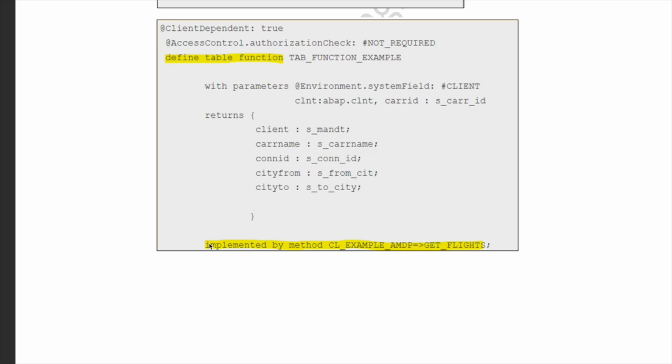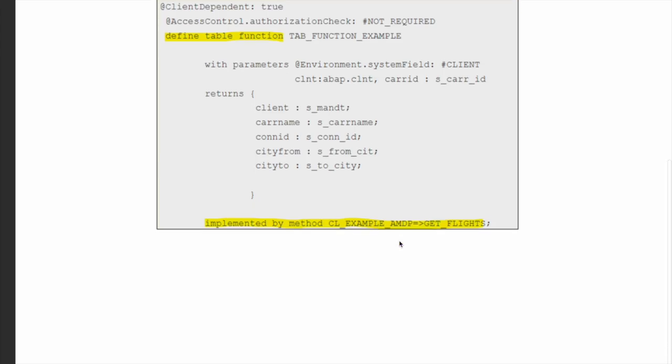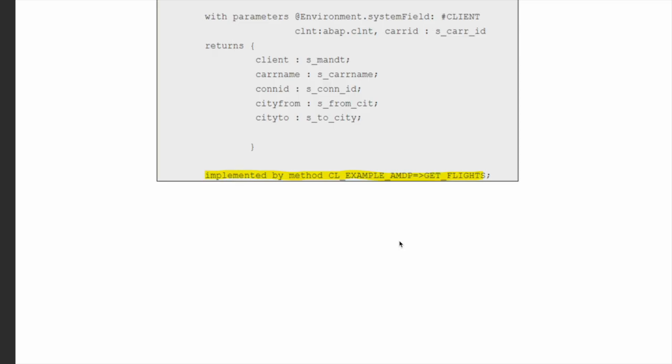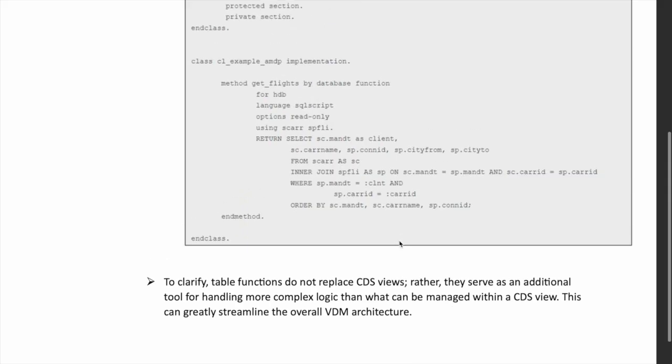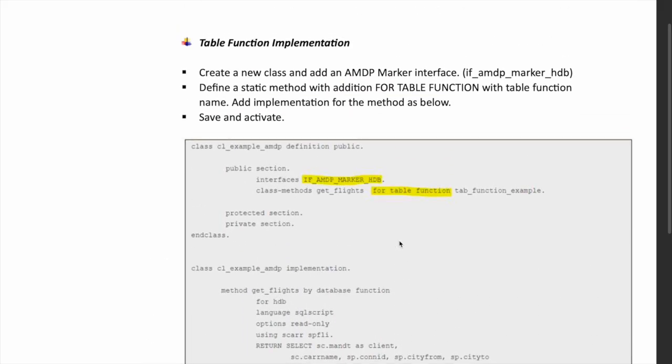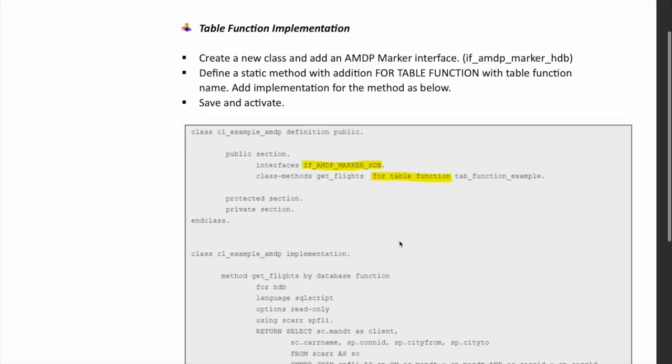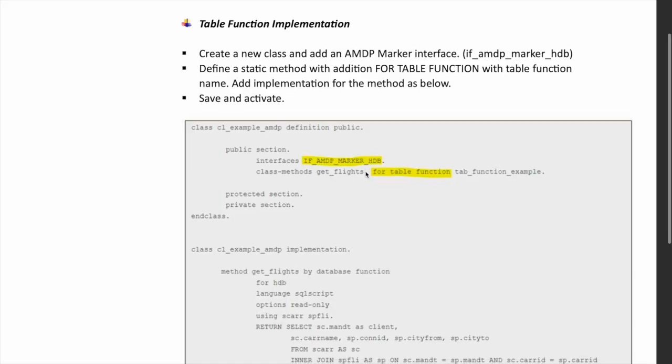And in this CDS table function, we will call our AMDP method. In the last video, we have seen how to create AMDP procedure, but in this video we will create AMDP table function. We will create a new class, and in the same way we will add marker interface IF_AMDP_MARKER_HDB.